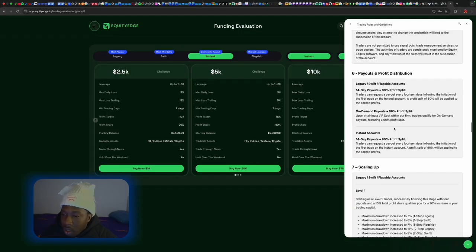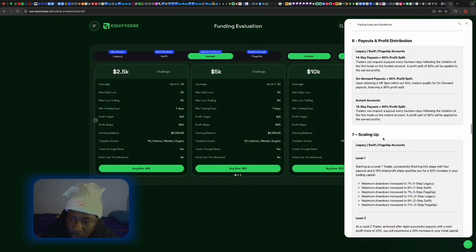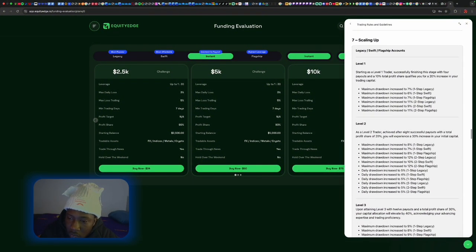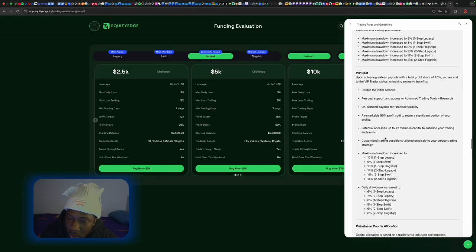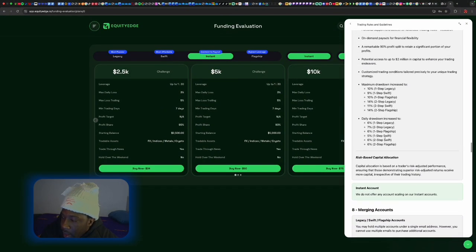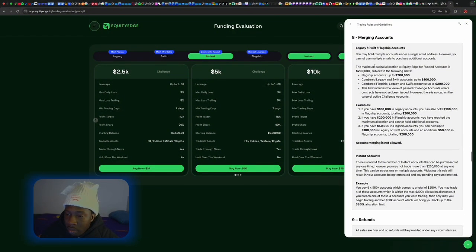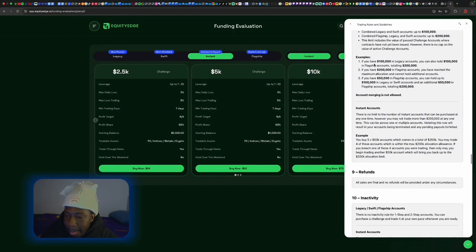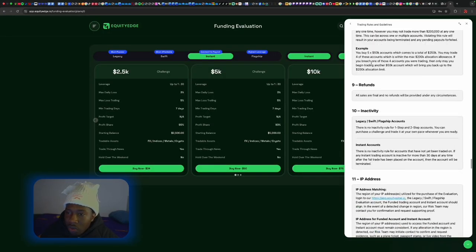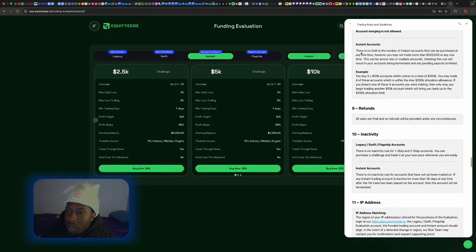So for you to be able to withdraw your money on an instant account, you need to trade for 14 days. That's about 2 weeks. That is not a problem. And then scaling up, they are saying we do not offer any account scaling on your instant accounts. They do not scale instant accounts.